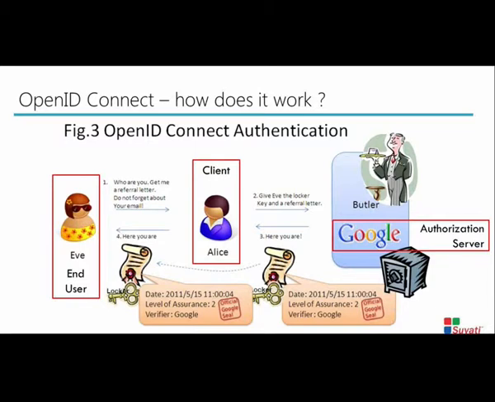So this is the beauty of OpenID Connect authentication. What you get back is that notarized referral letter as well as the key for you to access. Now, if you look at the OAuth 2.0 framework, what you get back is the access token.